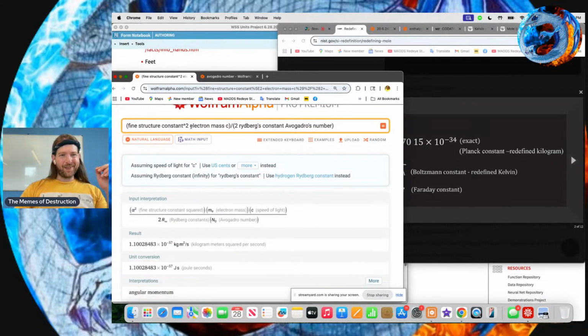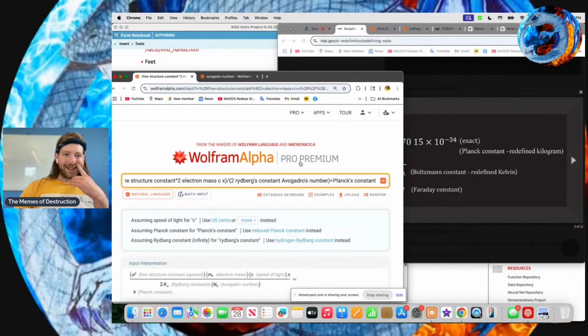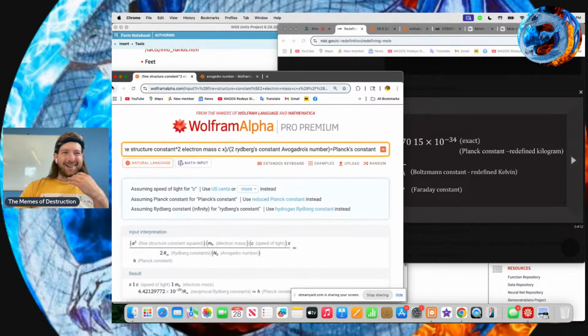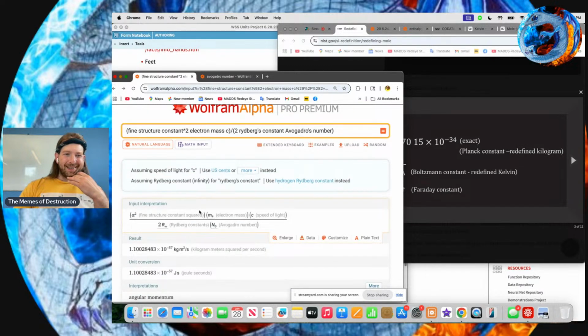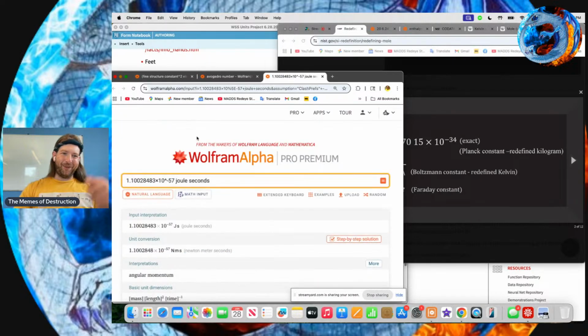All right, so we're gonna do this. We need to solve for X. Okay, so we're going to solve for X to find out what I'm missing. Equals Planck's constant. I think this is too many terms. Yep, too many terms. All right, so let's go back and let's just figure out what we need.